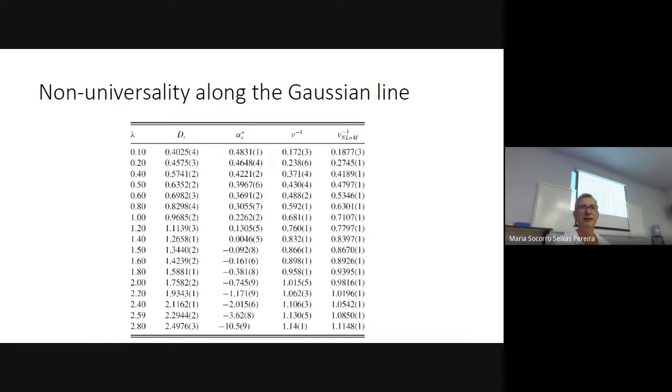So we did this analysis along the entire Gaussian line for this spin one anisotropic spin chain model. We located the critical point. This is the critical value of the local field anisotropy for different values of the exchange anisotropy. We computed the slope at the critical point. Look at the slope at the critical point in some places of the Gaussian line.